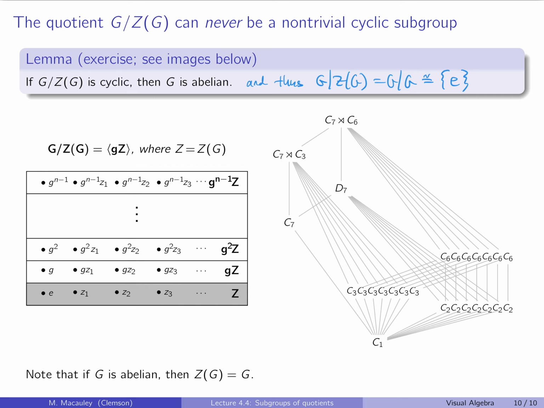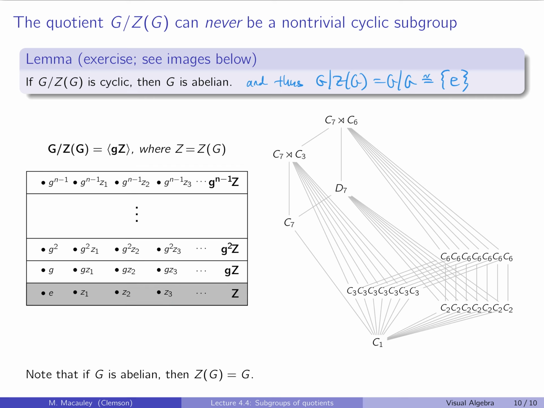That means that all the other cosets are gz, g squared z, all the way up to g to the n minus 1 z. And this also might be infinite. I don't have to imply that this is finite. But all the cosets are some power of g times z. Well, that means that every element is of the form g to the i, for some power of g, times some element in the center.